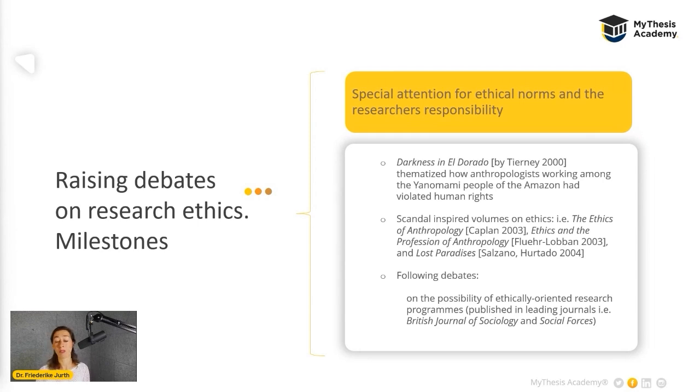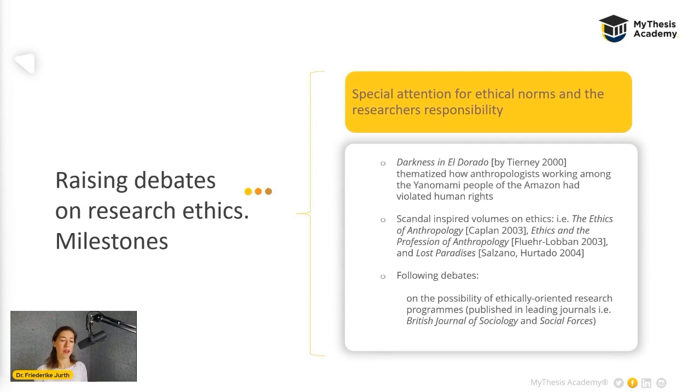This scandal, this publication, inspired volumes on ethics and ethical aspects. For example, The Ethics of Anthropology by Kaplan from 2003, or The Ethics and the Profession of Anthropology by Fluehr-Lobban, also from 2003, or the publication Lost in Paradise from 2004.